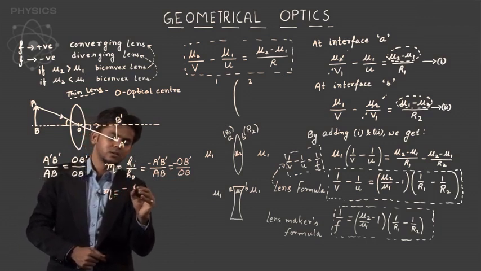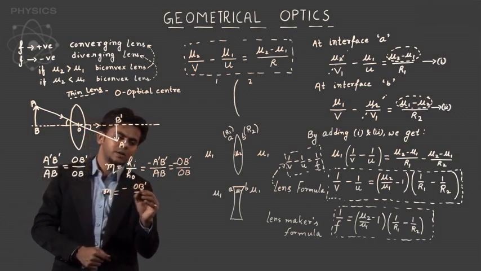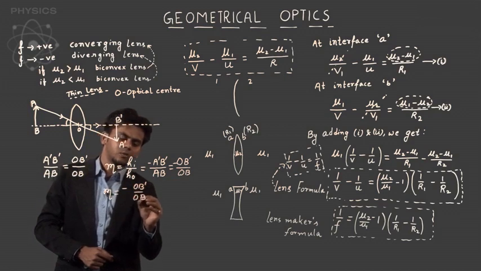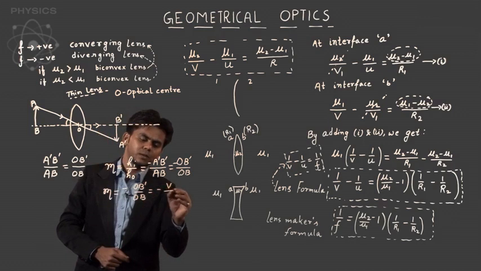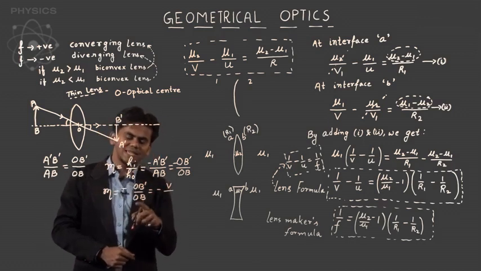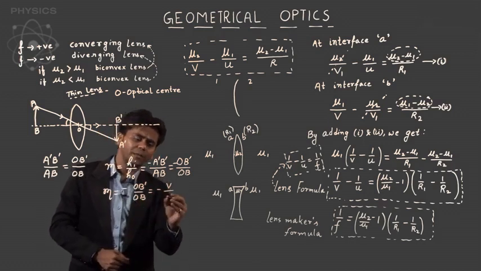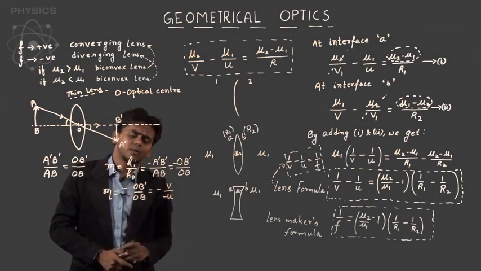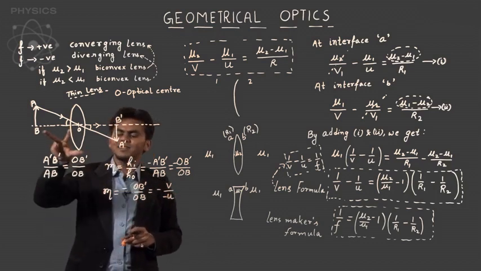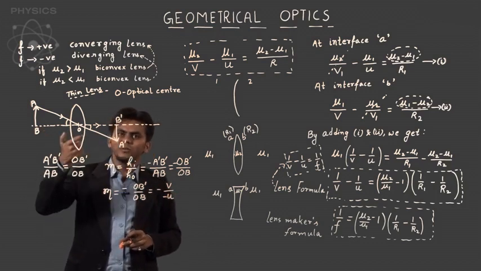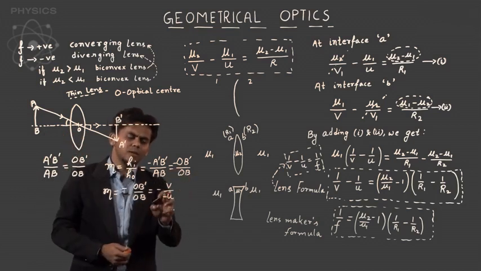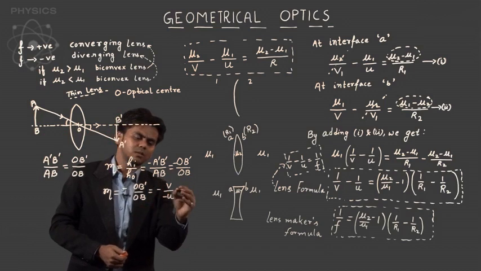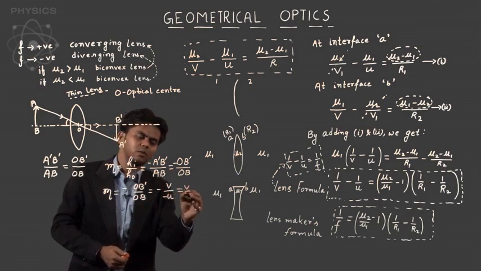This is minus OB' on OB. OB' is your positive v, and OB is your minus u. Why minus u? Because obviously my object is on the left side, so u would be negative, but OB is positive, so minus u. Minus and minus becomes plus. This is v by u.